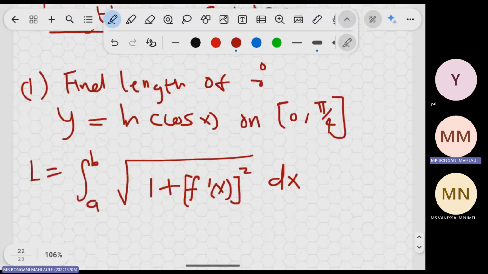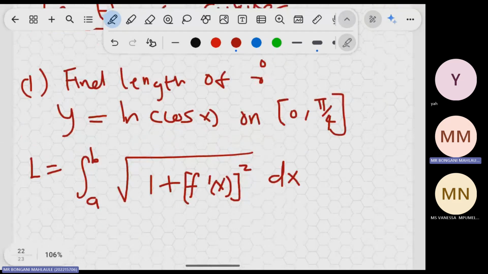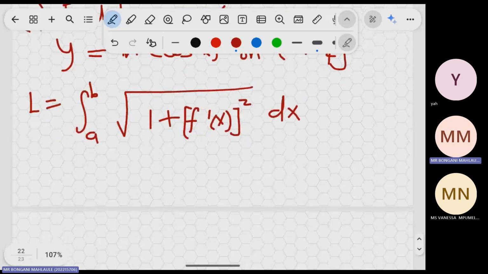Bring your phone first. Open it. Understand this.